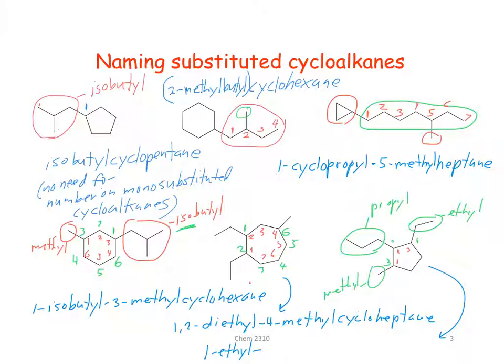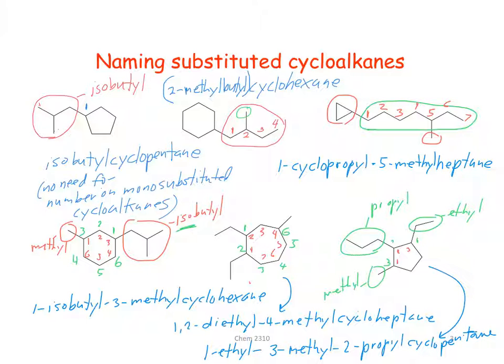What do we list next, 2-propyl? No, we don't list them in order of number, we list them in alphabetical order. So methyl comes before propyl. So 1-ethyl-3-methyl-2-propylcyclopentane.